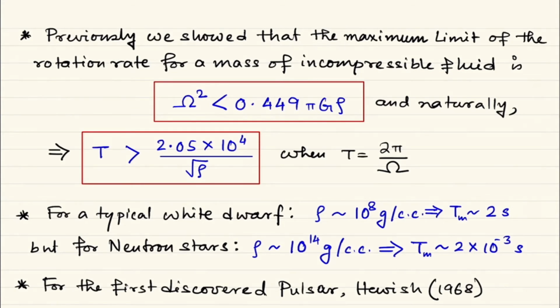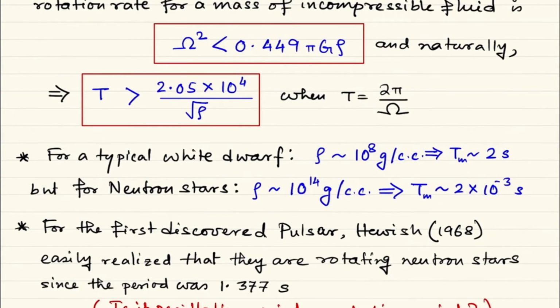Now we know that neither for white dwarfs nor neutron stars is the fluid incompressible, but we are just doing some rough theory here. For a typical white dwarf, the matter density is almost 10 to the 8 gram per centimeter cube, and this gives us a minimum time period of almost 2 seconds.